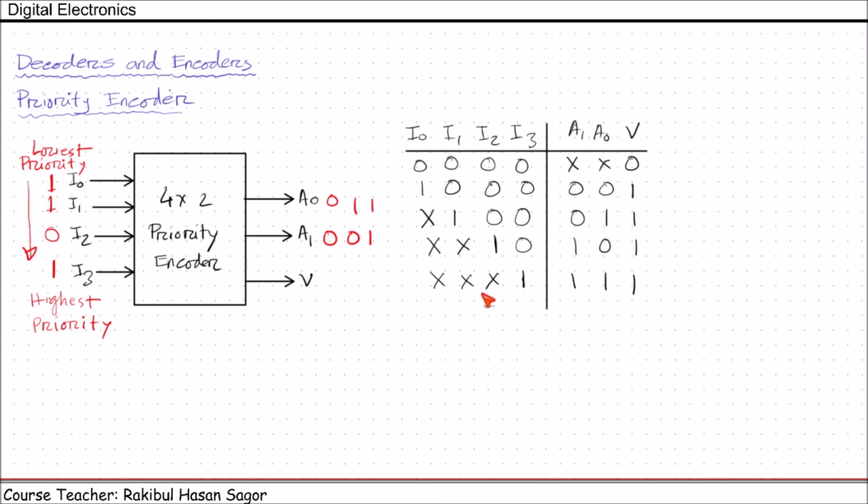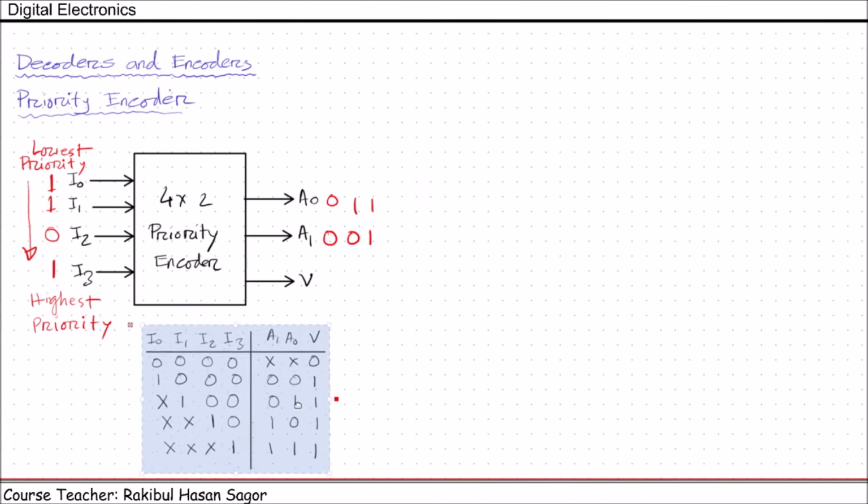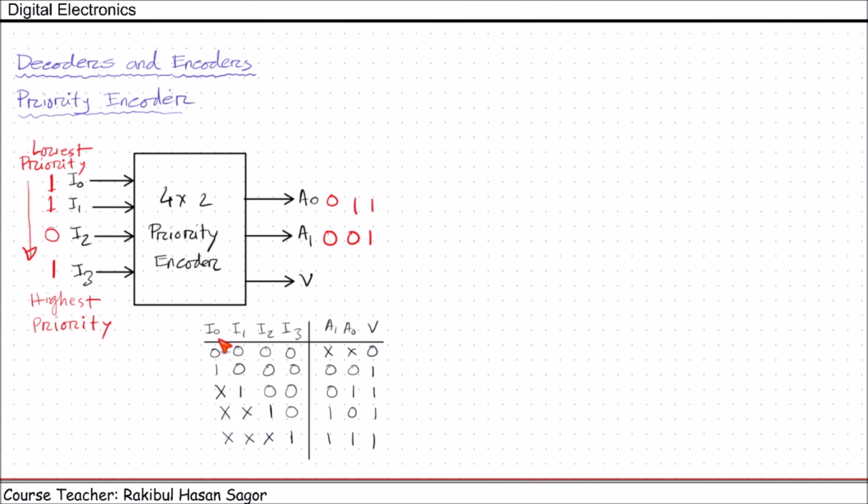Now let us construct the function for each output variable. As we have 4 inputs and 3 outputs, we need to use Karnaugh maps. For A1 and A0, we'll be using 2 Karnaugh maps.